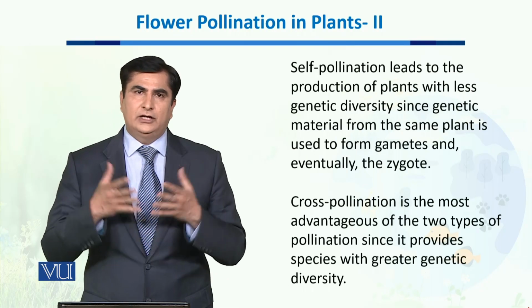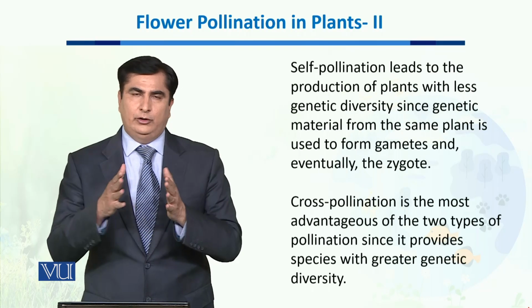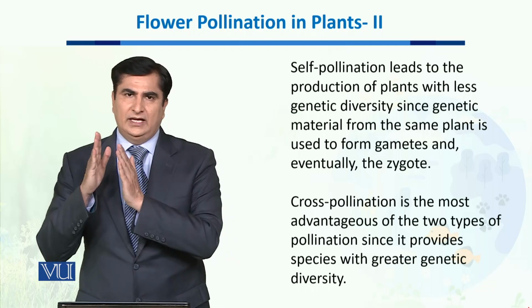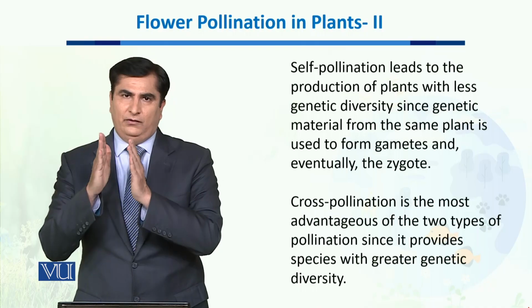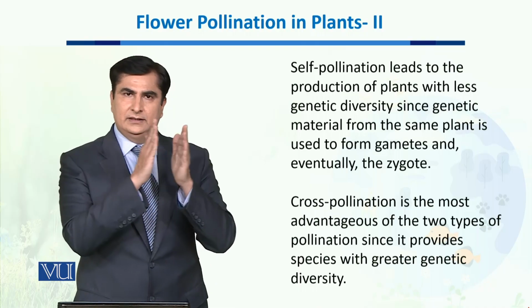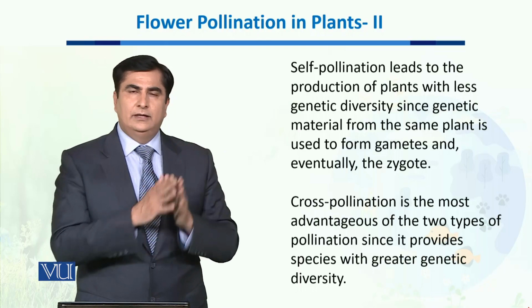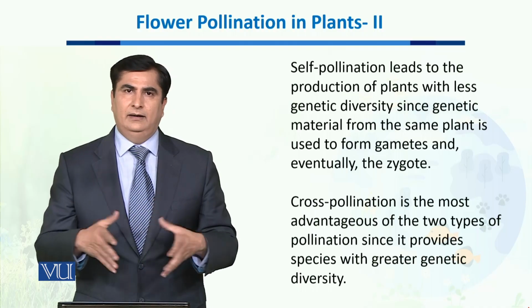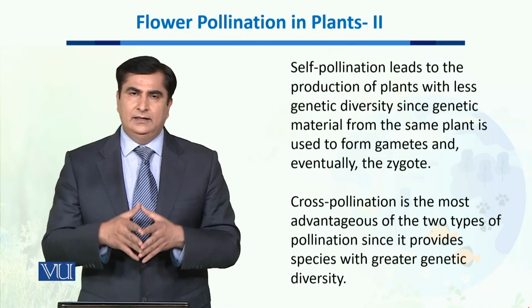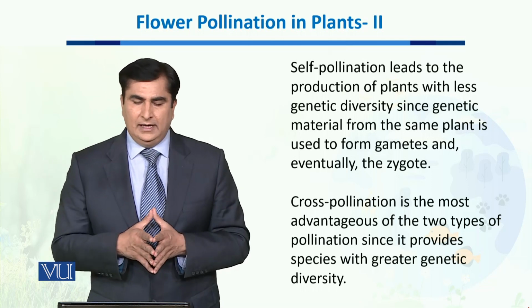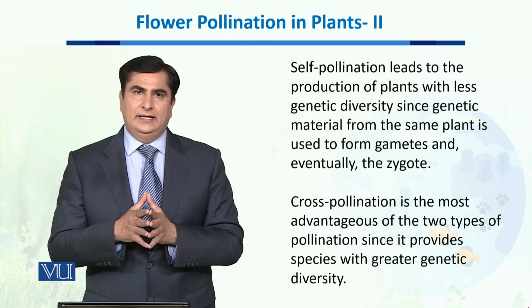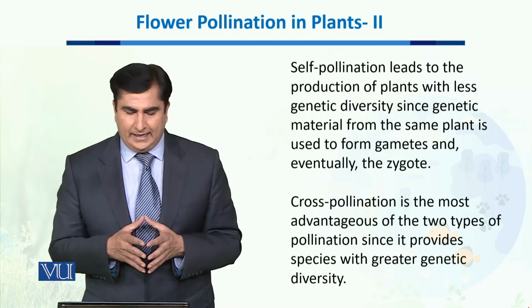Now, there are two types of pollination, as you are aware. One is known as self pollination, in which the male part of the same flower approaches the female part, leading to the synthesis of the zygote.